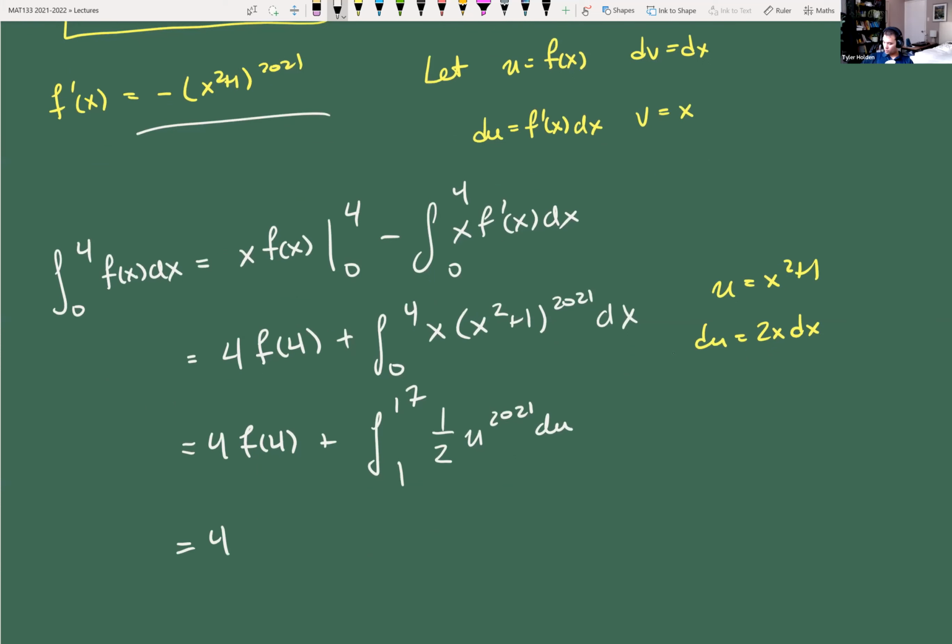So it's going to be 4f of 4 plus, so 2022, 1 over, what's 2022 times 2? 4044? u to the 2022 from 1 to 17.